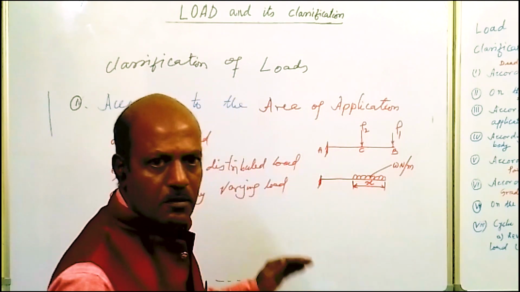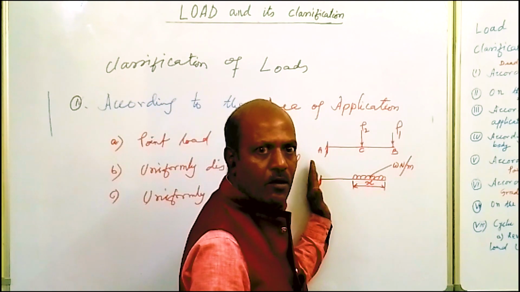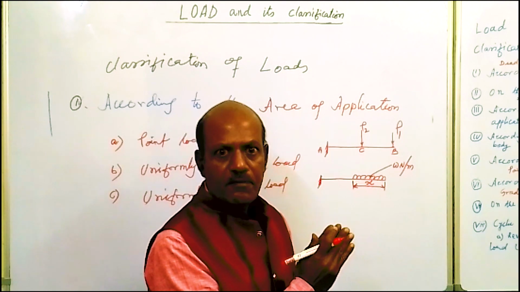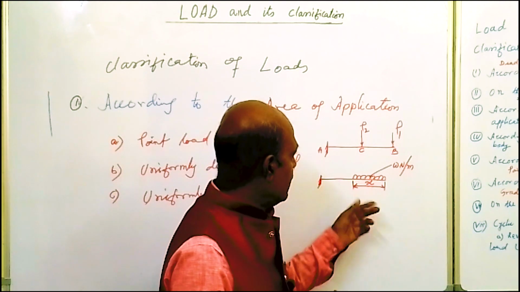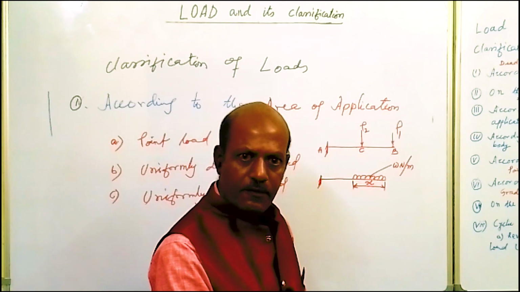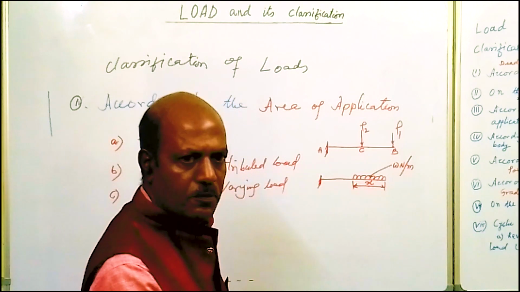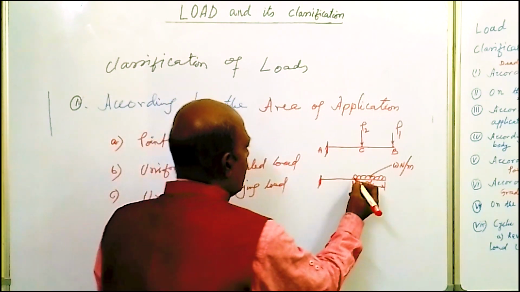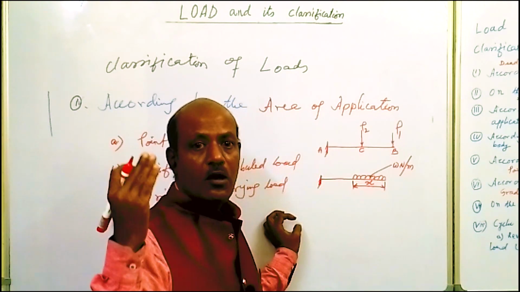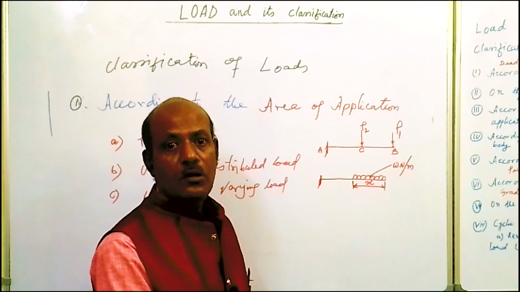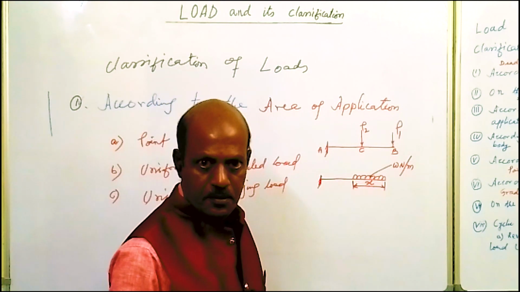This kind of load may act for the whole length of the member, or part of the length, or the whole area of the member, or partly some areas of the member. This is called the uniformly distributed load, where the load value per unit length is equal, or in other words, we can say the load is evenly distributed over the length it is loaded.